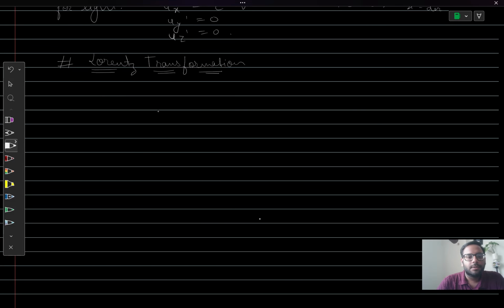In the S prime frame they look similar: t prime equals t minus v by c squared times x, and x prime equals x minus vt, and y prime equals y, z prime equals z. These are my Lorentz transformations.